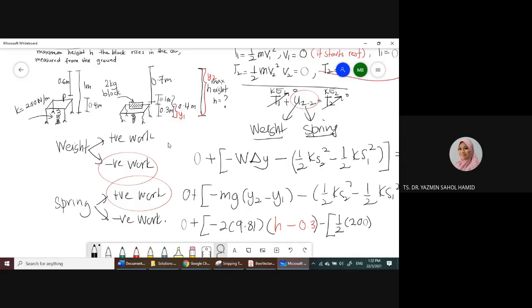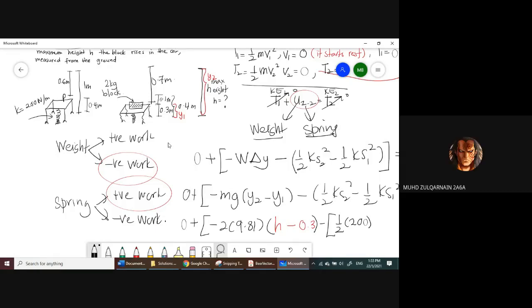Originally it was 1 meter long, and then with the block it went down 0.7, and without the block it is 0.6. So how do you write that? Try to have an understanding on that. So how much did the spring compress?